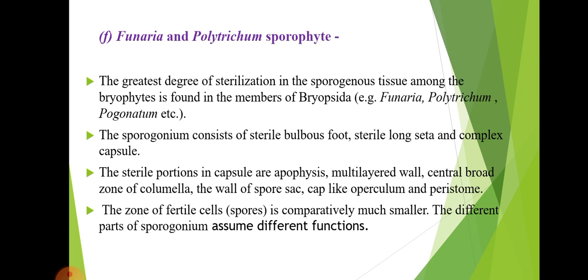The sterile portions in the capsule are apophysis, multi-layered wall, central broad zone of columella, the wall of spore sac, cap-like operculum and peristome. The zone of fertile cells is comparatively much smaller. The different parts of sporogonium assume different functions.